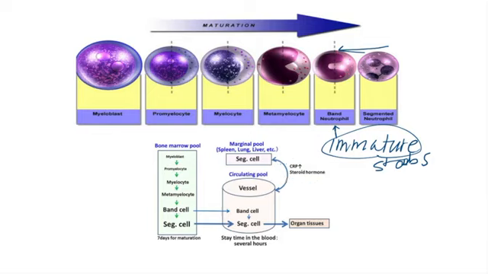We have the circulating pool, so this would be in the blood vessel. Those are going to be in the blood for several hours at a time, and then they would go into the organs and tissues. What's interesting about this marginated pool is what we talked about with the steroid response.